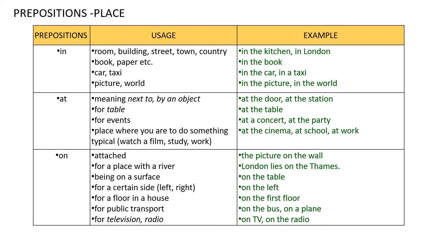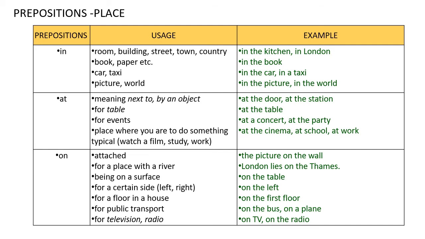At the door, at the station. At is used for table, like at the table. At is used for events, like at a concert or at the party, etc. At is also used with a place where you are to do something, typically to watch a film, to study, to work, etc. Like at the cinema, at school, at work, etc.